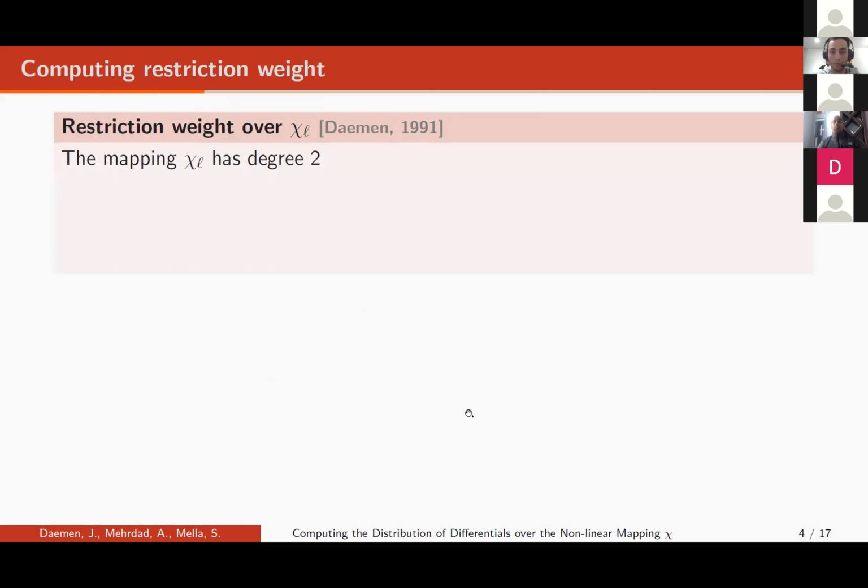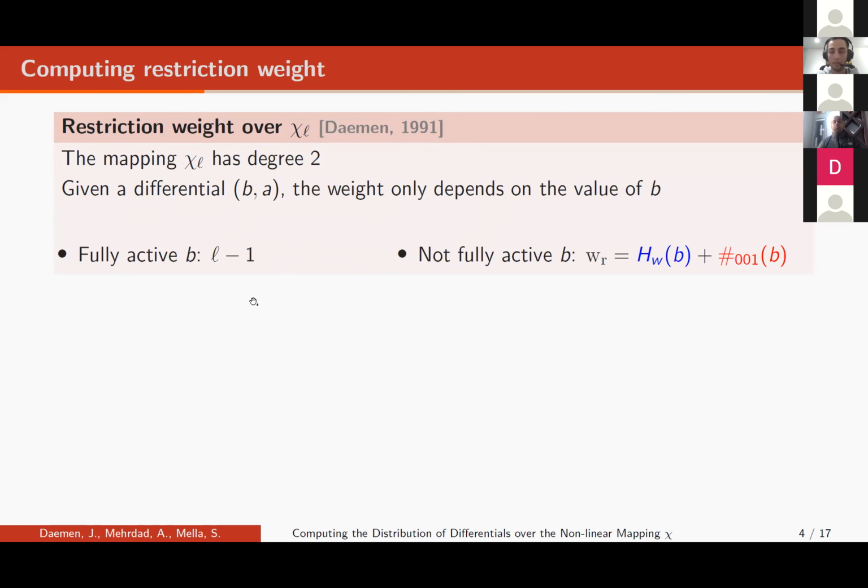Well, this problem was solved in 1991 by Daemen, who said that because the mapping chi_L has degree 2, given a differential b to a, the restriction weight only depends on the value of the input difference b, and it can be computed simply like this. If the input difference is fully active, then the weight is L minus 1.